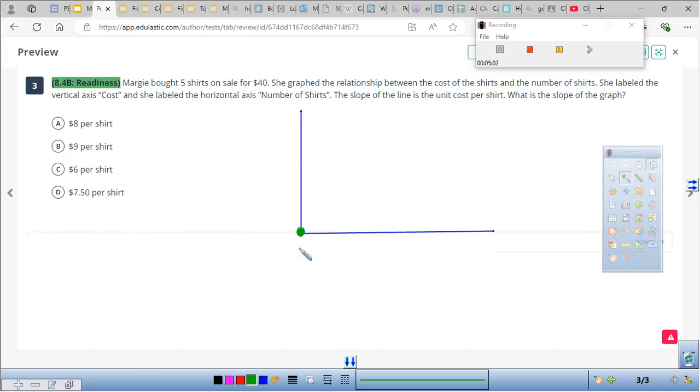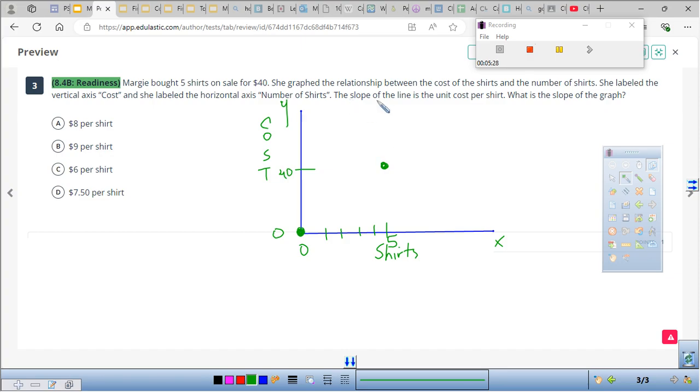Right here is 0, 0. Vertical is cost, make sure you know that. You determine how many shirts you're going to buy first, then you can pay how much you need to pay. So at 5, we go 1, 2, 3, 4, 5 shirts. She paid $40, so it's going to go up here.